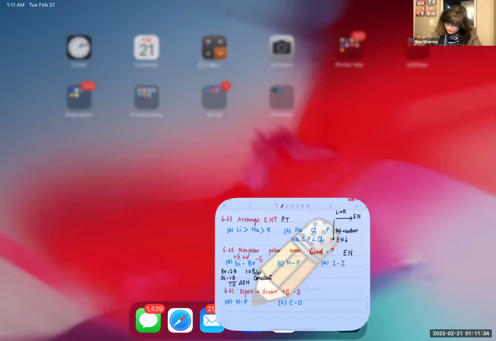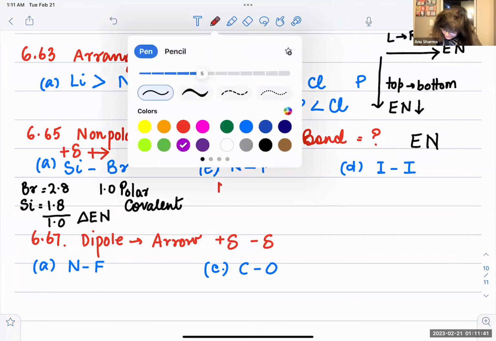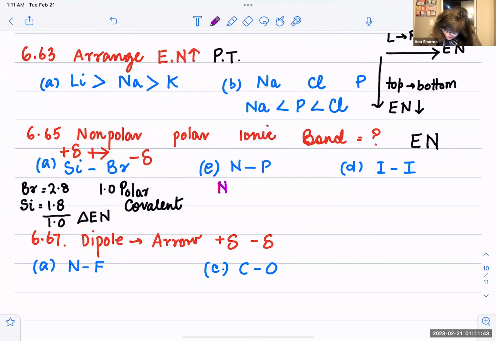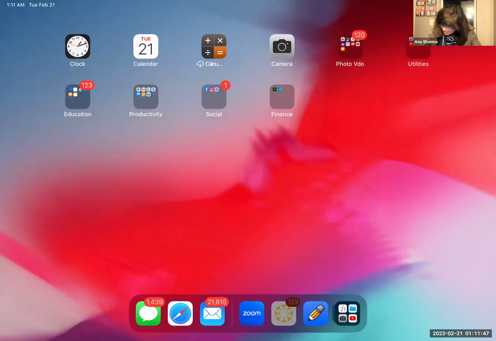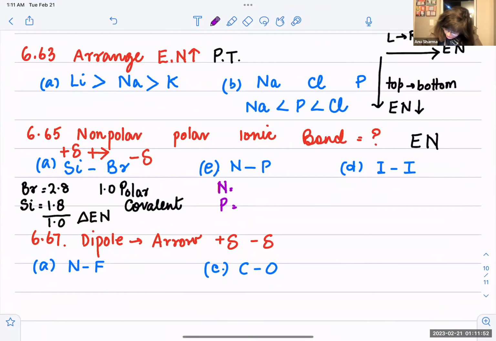Nitrogen and phosphorus. Let's just do it with a different pen. Nitrogen 3.0, phosphorus 2.1.